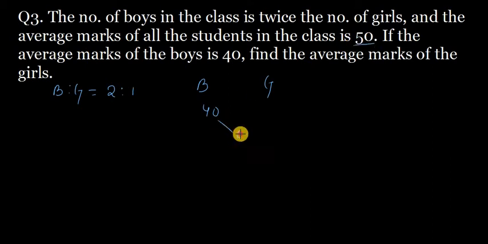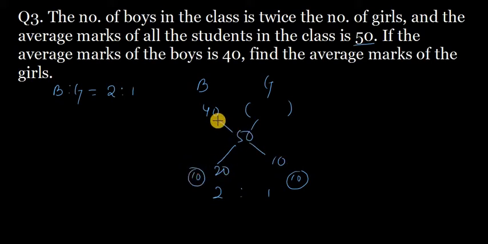The difference is 10, so dividing 10 by 1 gives 10, and 2 times 10 is 20.